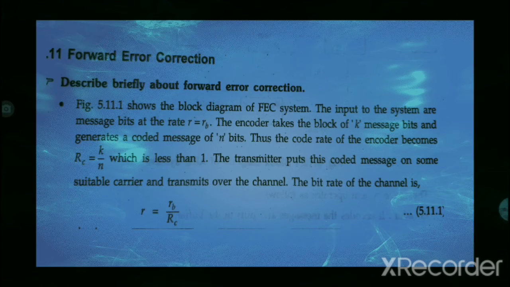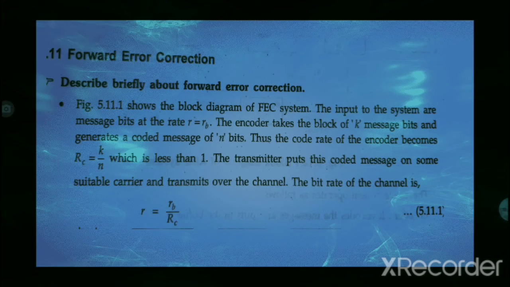Forward error correction shows the block diagram of FEC system. The input to the system are message bits at the rate R equal to RB. The encoder takes the block of K message bits and generates a coded message of N bits.